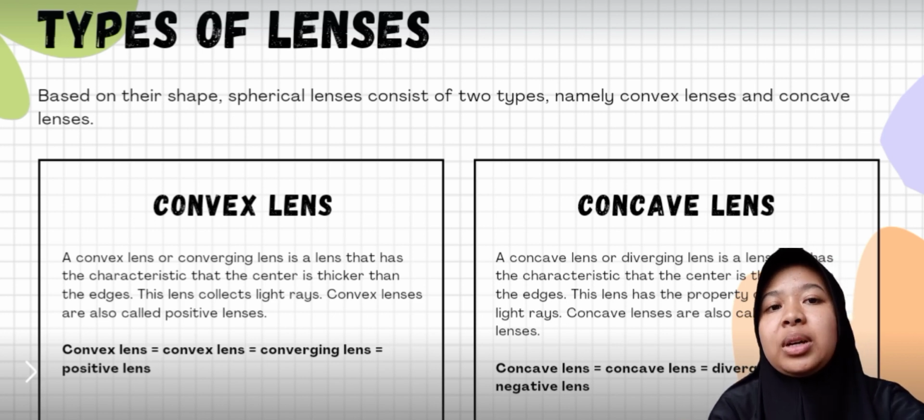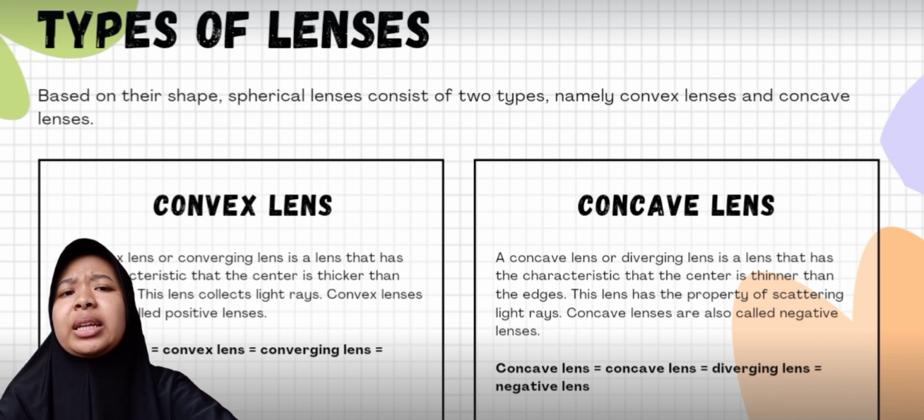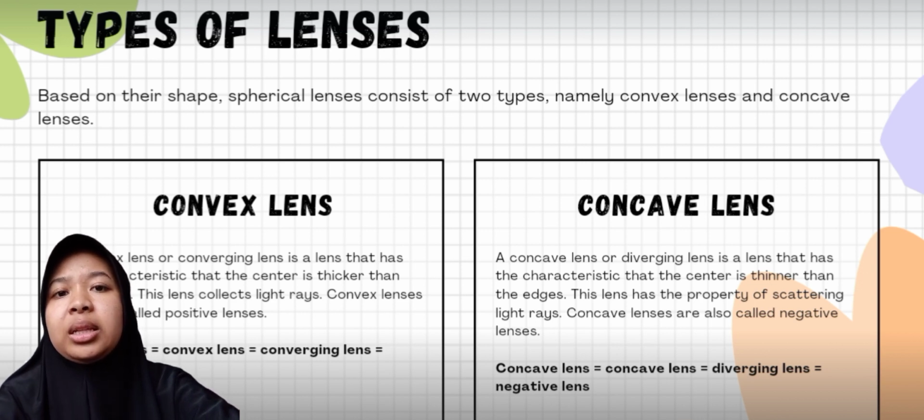A concave lens or diverging lens is a lens that has the characteristic that the center is thinner than the edges. This lens has the property of scattering light rays.